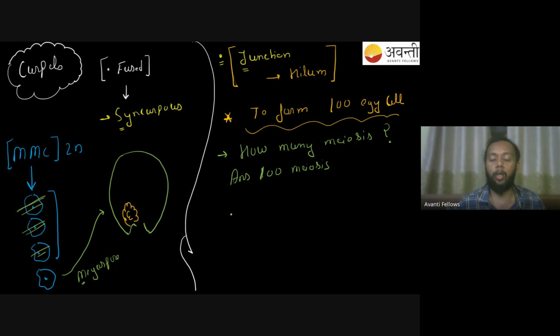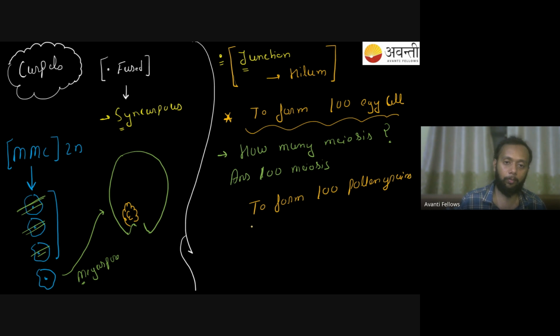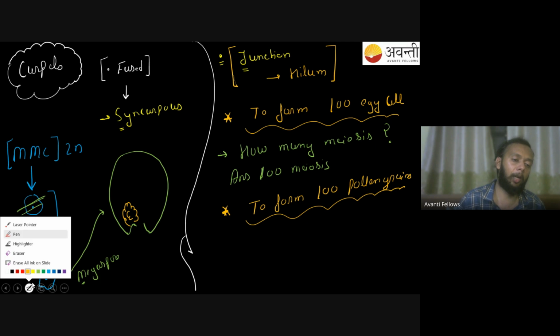Now the question is, to form 100 pollen grains, how many times do I have to carry out meiosis? I have to make 100 pollen. Misbah, Shikha, Mohit, Gayatri and Tanish, to form 100 pollen grains, how many times do I have to carry out meiosis?